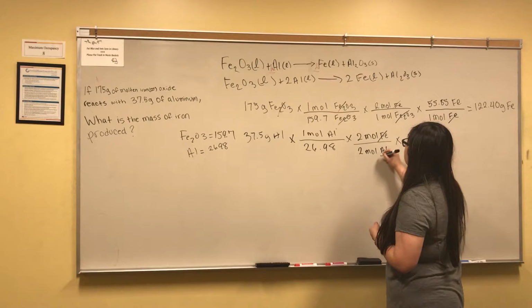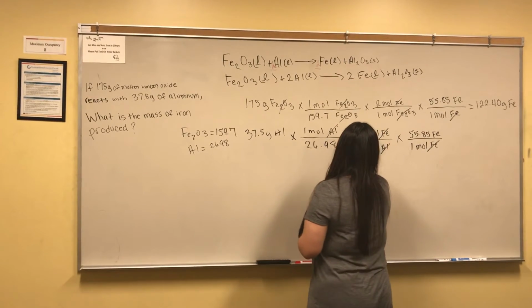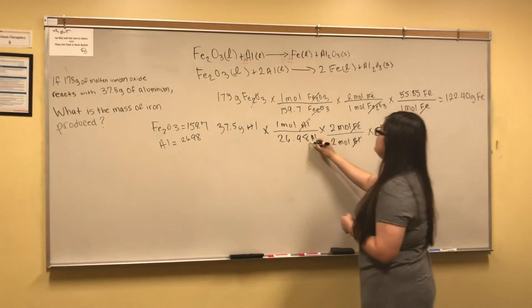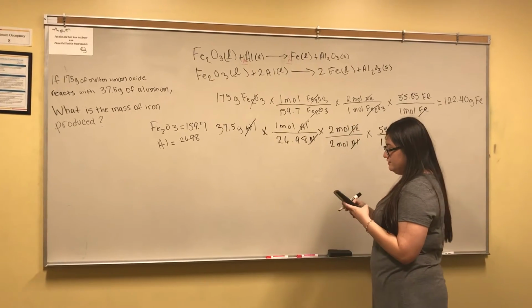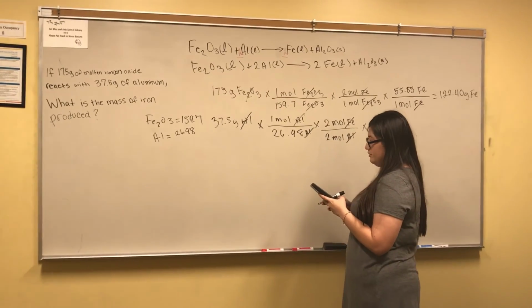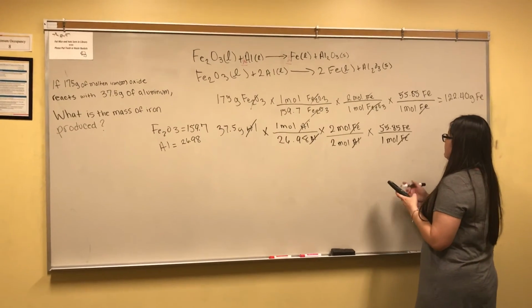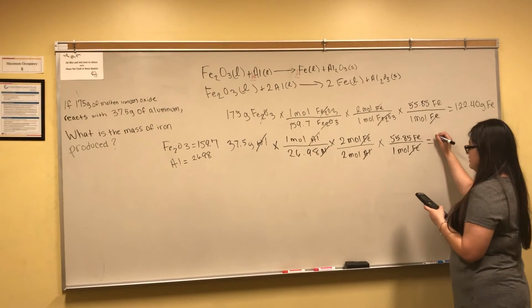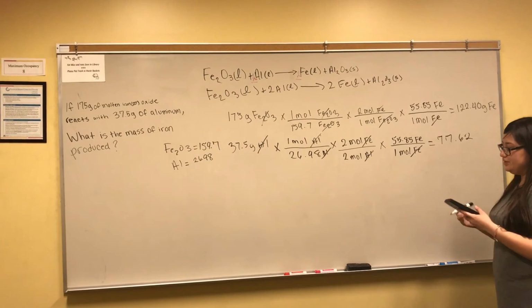So then you cross these out. Now we have to divide 37.5 by 26.98, times 1, times 55.85, which will give us 77.62, or 77.6.